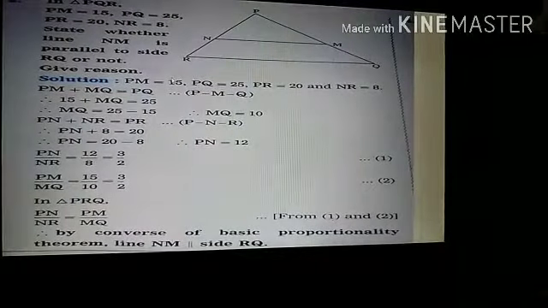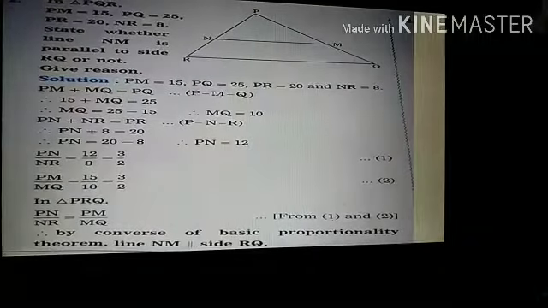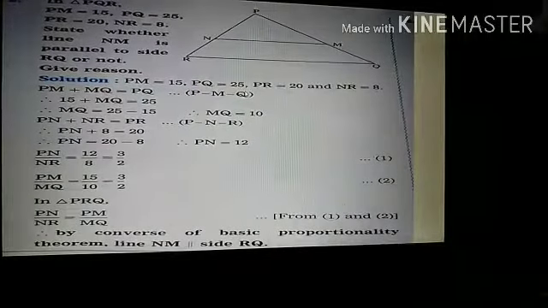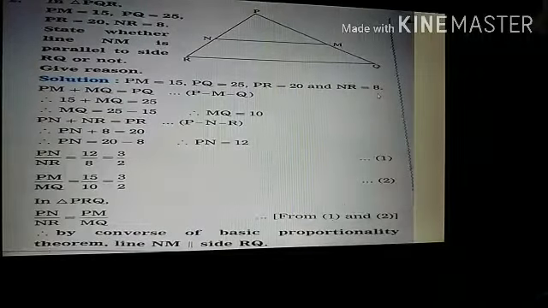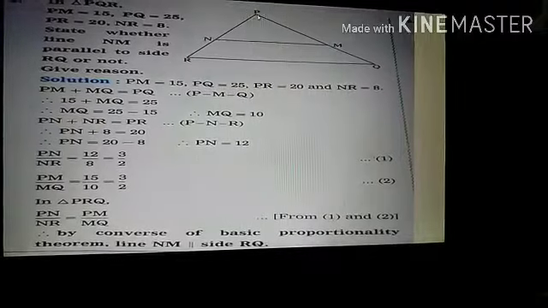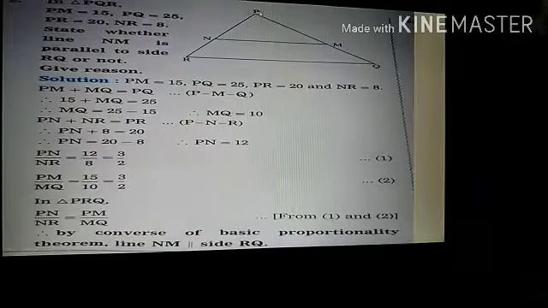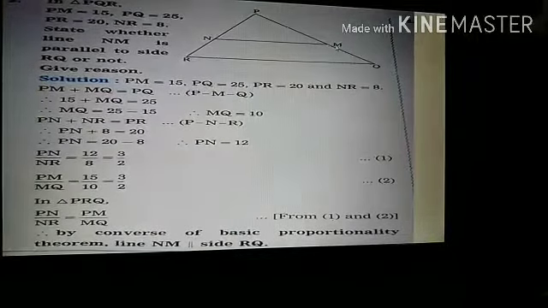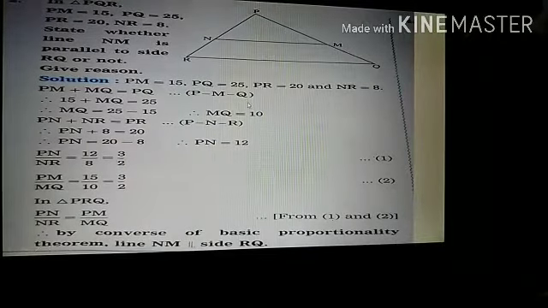Solution. First we'll write down whatever is given. So PM is equal to 15, PQ is equal to 25, PR is equal to 20, NR is equal to 8. Now as shown in the figure, distance PQ is equal to PM plus MQ by using the property of betweenness, that is the point P-M-Q.